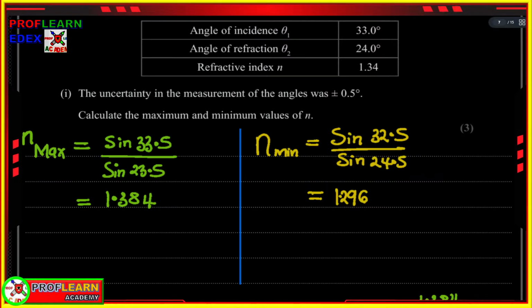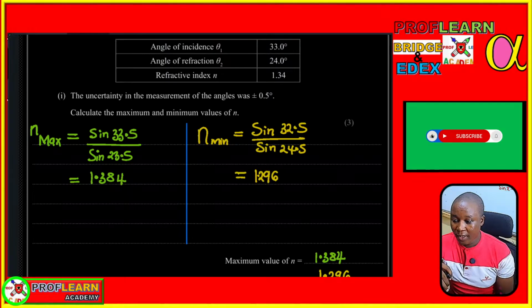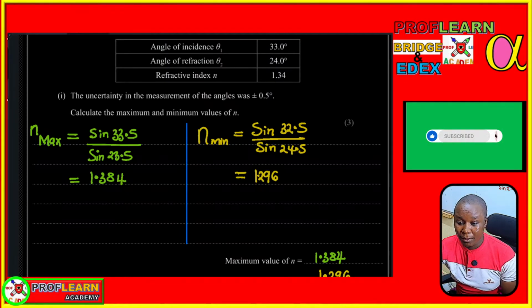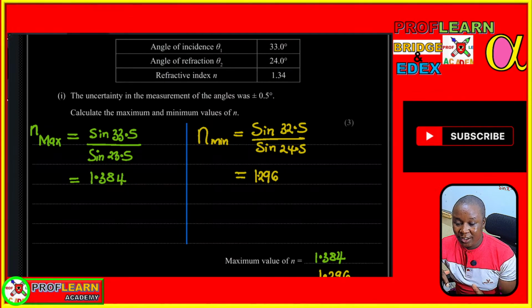So at this given point, something that you really ought to have remembered is that you can find the maximum angle and also the minimum angle. For refractive index, we know it is sine of theta 1 over sine of theta 2, but for us to have the maximum refractive index, we have to ensure that theta 1 is maximum. So that is going to be 33.0 plus 0.5, which is 33.5, and theta 2 should be minimum, so we subtract 24 minus 0.5.